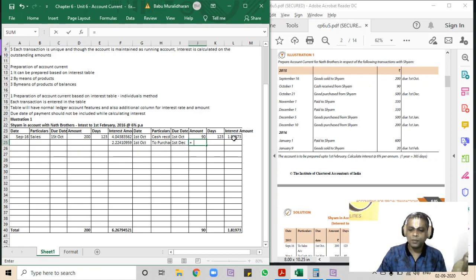December 31 days plus January 31 days, because we are preparing the account on 1st February. So the date at which we are preparing has to be ignored. Now the interest will be calculated for 62 days. Amount is 500. On October 21st, 21st October.